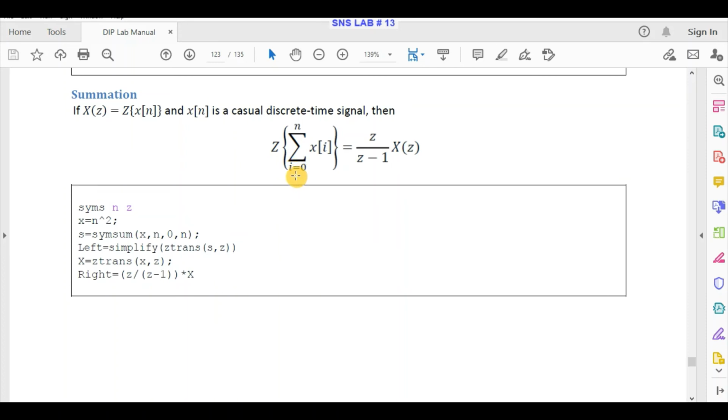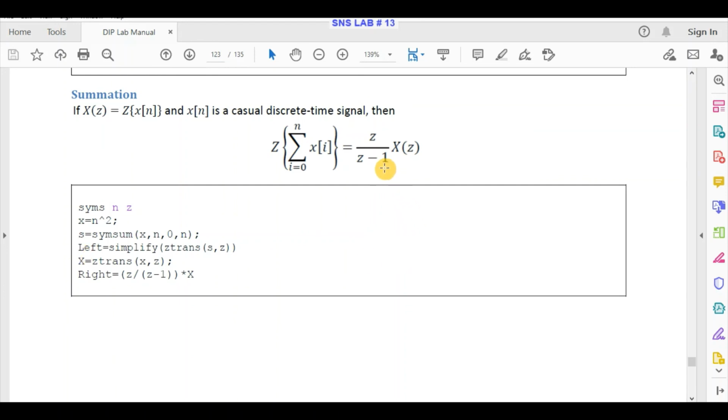Summation limits are 0 to n. After summing up, we will find its z transform by using the ztrans function. This will return the left hand side value of this property.